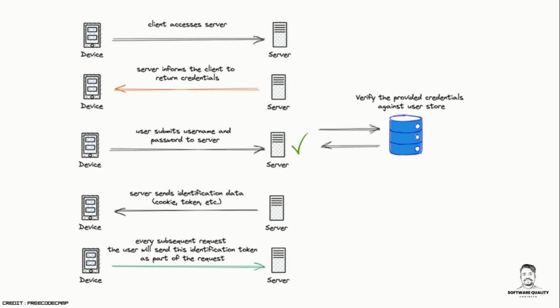So you are hitting www.facebook.com. Now the server will accept that request and send a response. It will send the login page or the home page, according to what you have sent in the request.